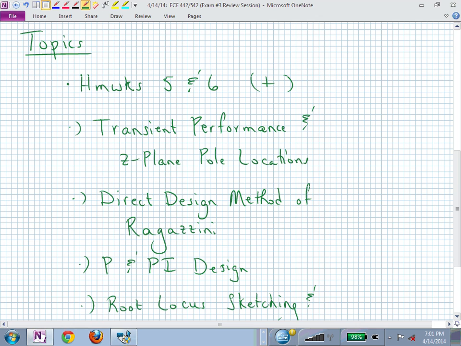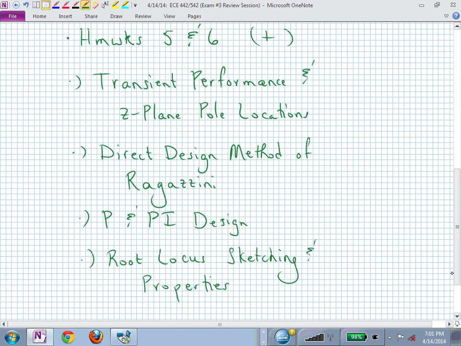In terms of pieces or ideas or concepts, there's really sort of 3 main pieces if you group these last 2 together. We put those 2 together with root locus derivation being motivated by P and PI controllers.